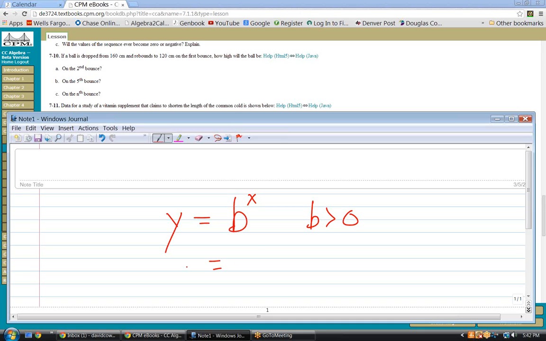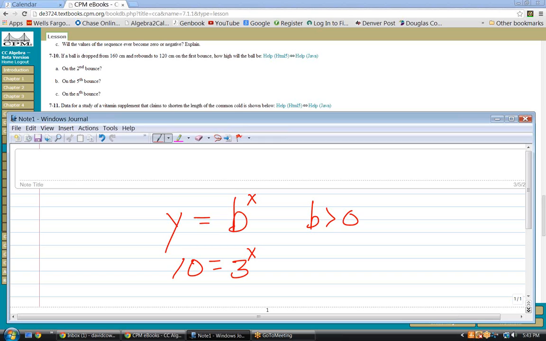In the same way that if I said 10 is equal to 3 to the x, what is x? You don't know how to figure that out. You know that x is a little bit more than 2, right? Because 3 squared would be 9. But 3 cubed would be 27.